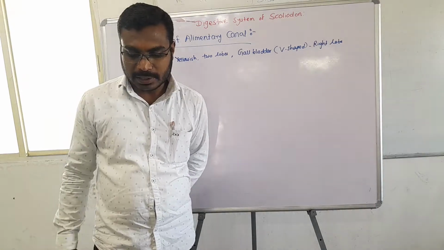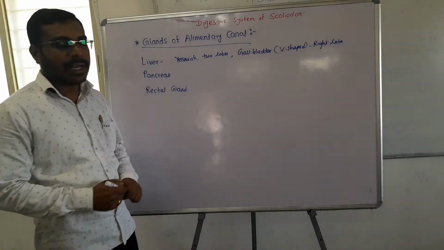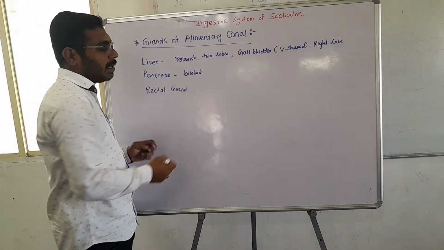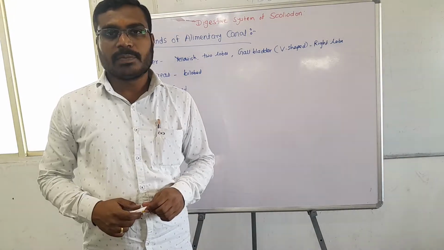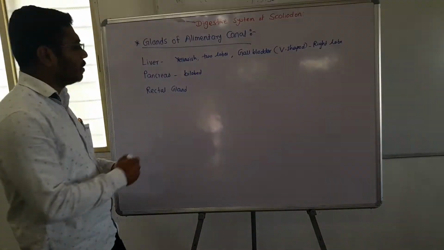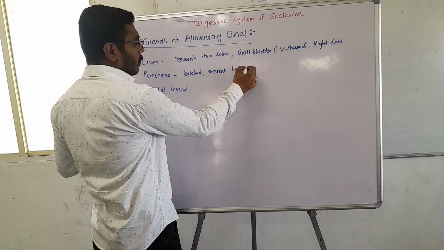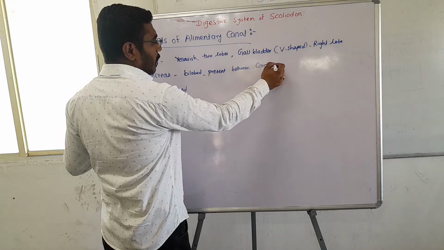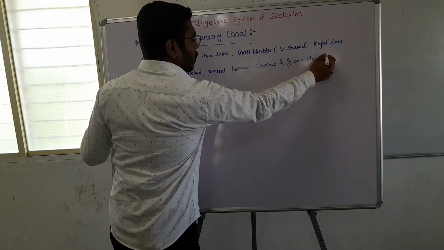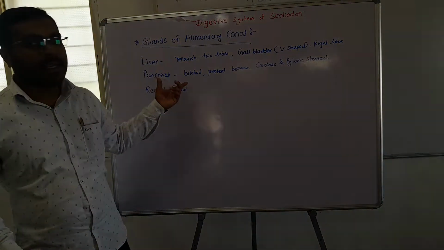The next gland is the pancreas. The pancreas is a compact bilobed gland, which is present at a right angle between the cardiac and pyloric stomach. This gland also has a duct.